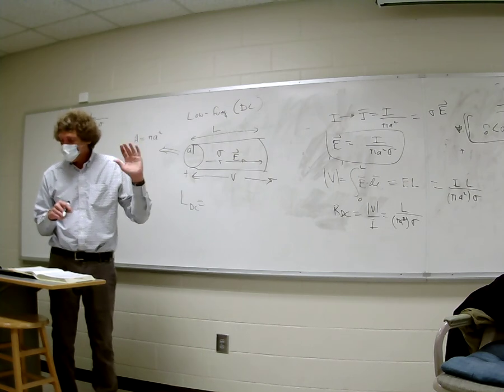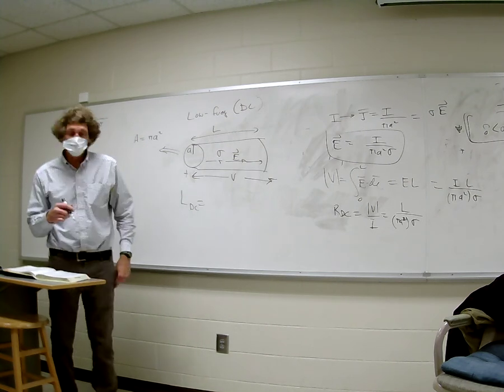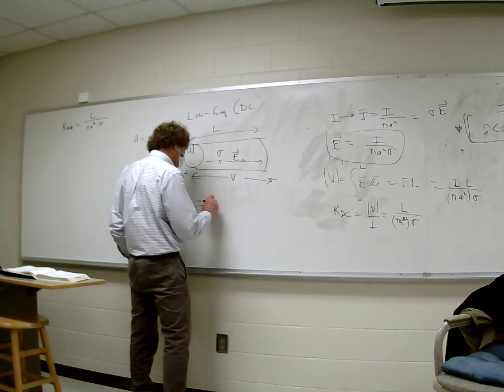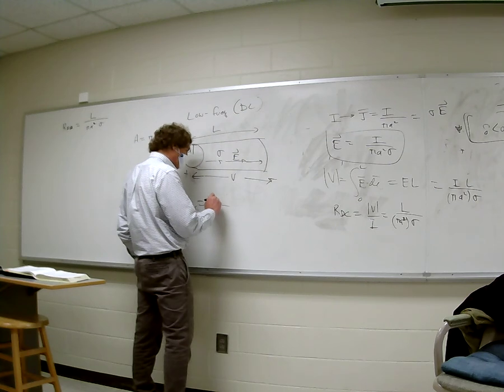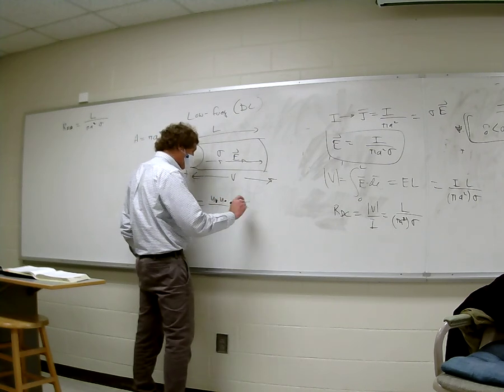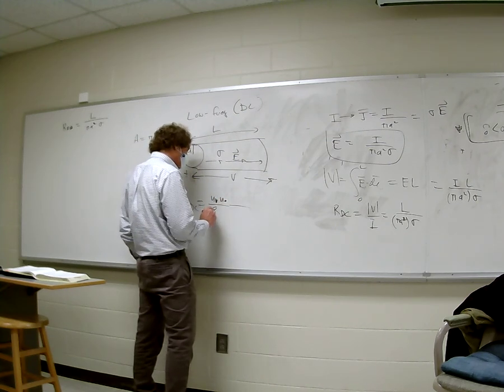Remember that or no? Look it up. It's times the length. So it's mu0, well, really mu relative times mu0. I better be careful because it's an aluminum wire. This is DC, over 8 pi right here.